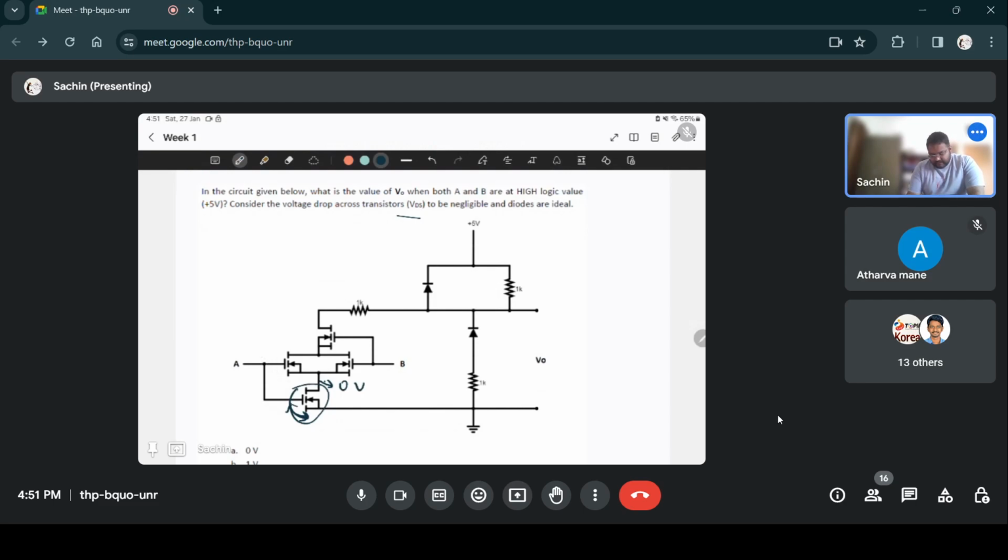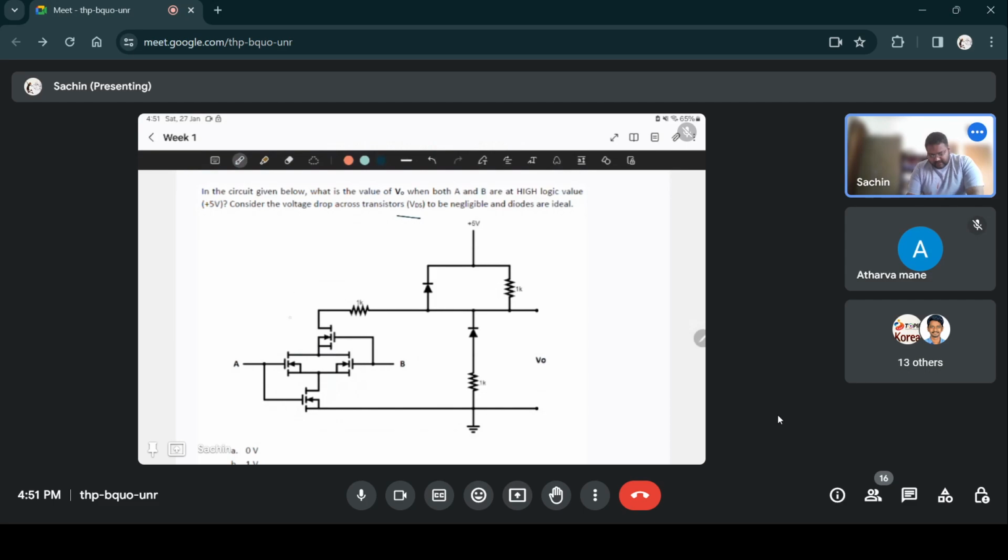So that means since both A and B are 5 volts, VGS is sufficient here. So both these transistors will also be on. So this will be at approximately 0 volts. Again, since the gate of B is connected to the gate of the top transistor, that will also have sufficient VGS. So this transistor will also be on. So all the transistors are on.